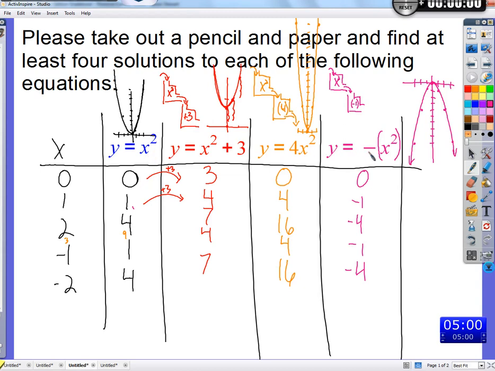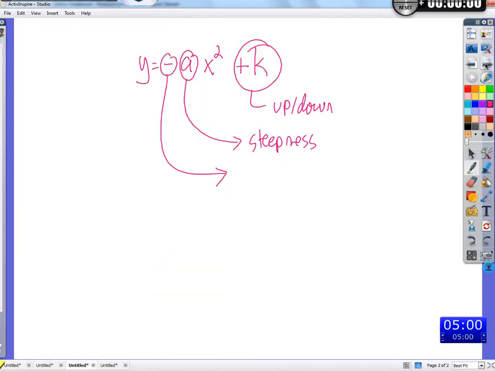But then we multiply it by a negative. This one's going to have the same exact output as x squared, then you multiply it by 4. This is going to have the same exact output as x squared, then you're going to add 3 to that output. So that negative flips it vertically.